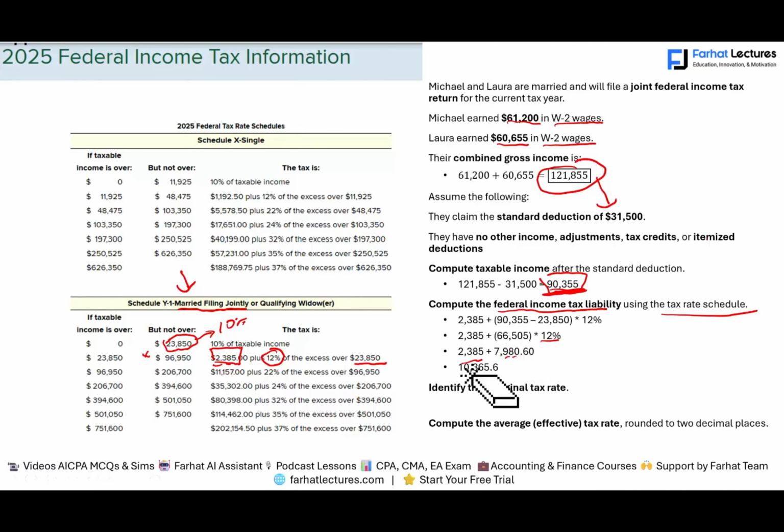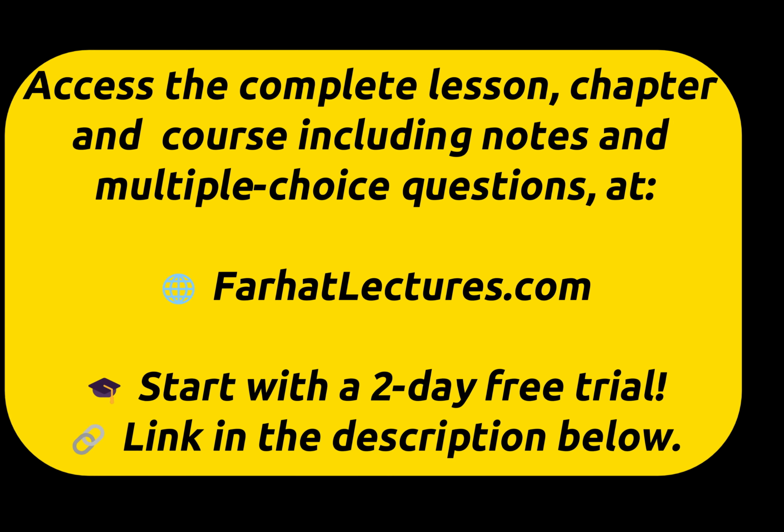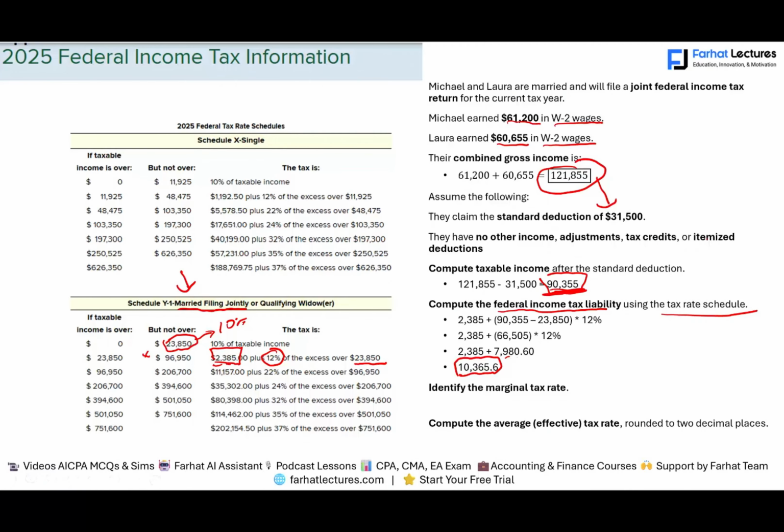Their total tax bill is $10,365. So we just figured out their income tax liability, rounding $10,366.